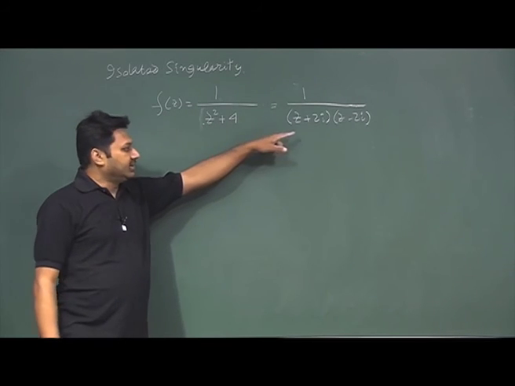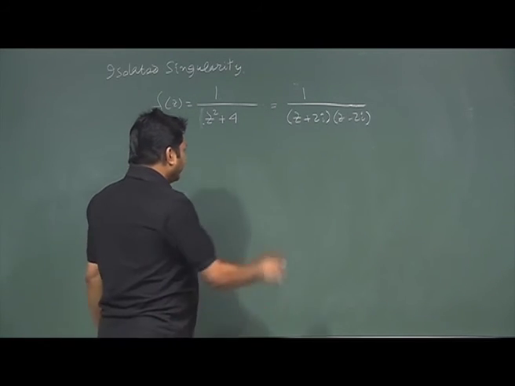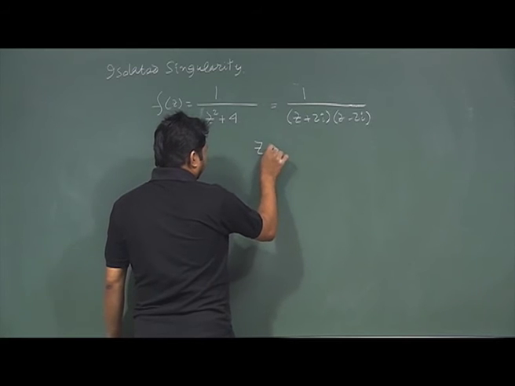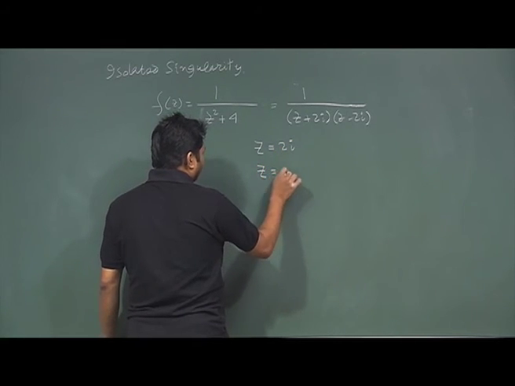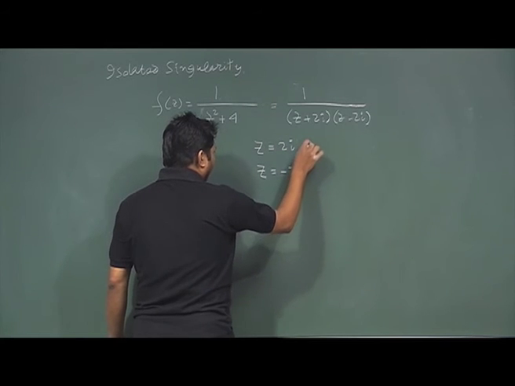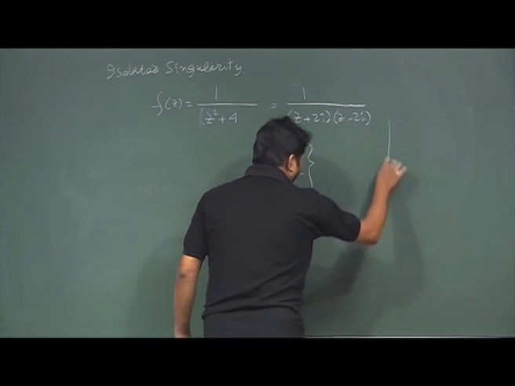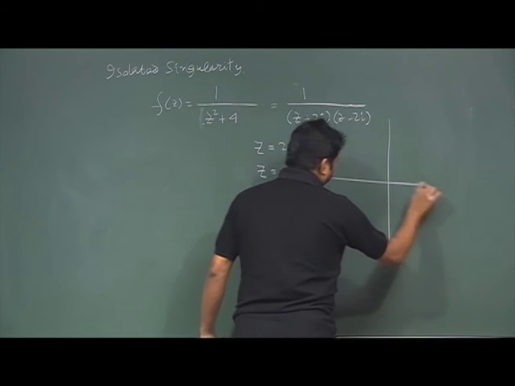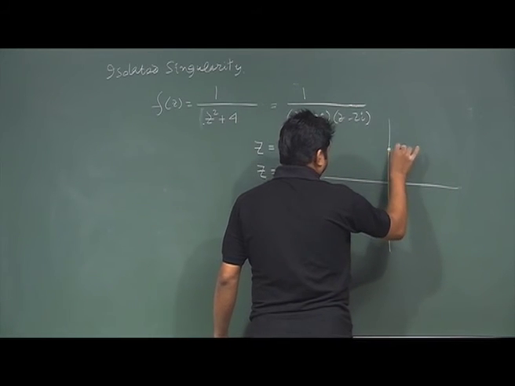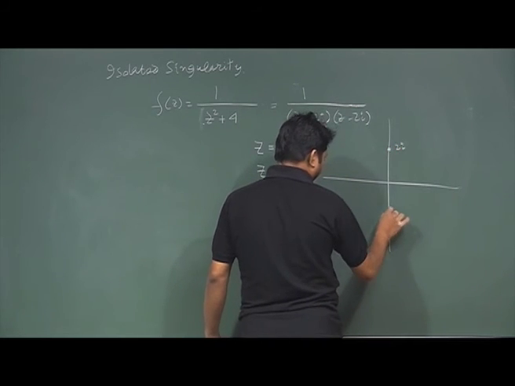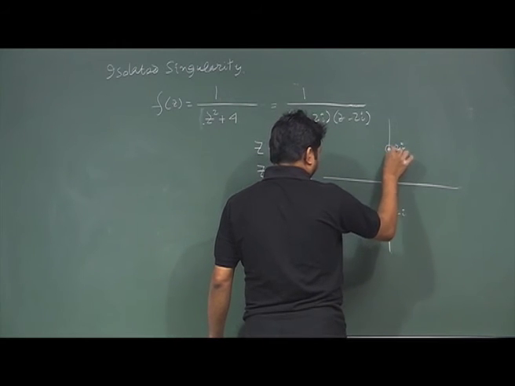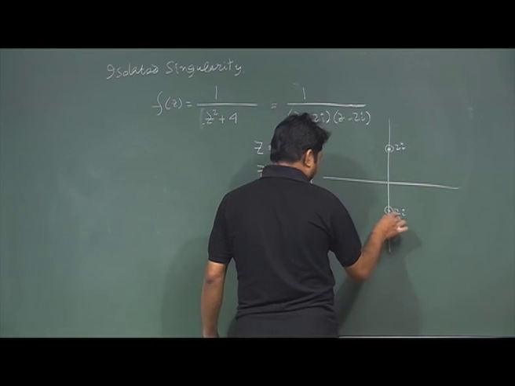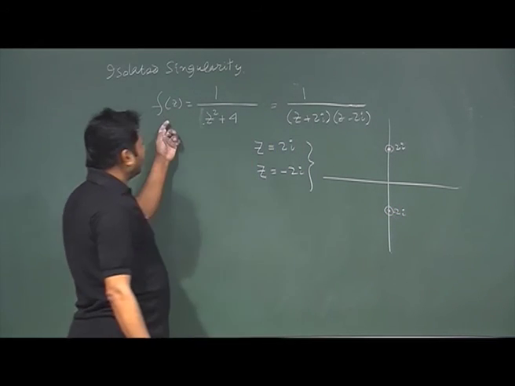So, we find that z equal to 2i and z equal to minus 2i are 2 points where the function again blows up, and these 2 points are called isolated singularities.